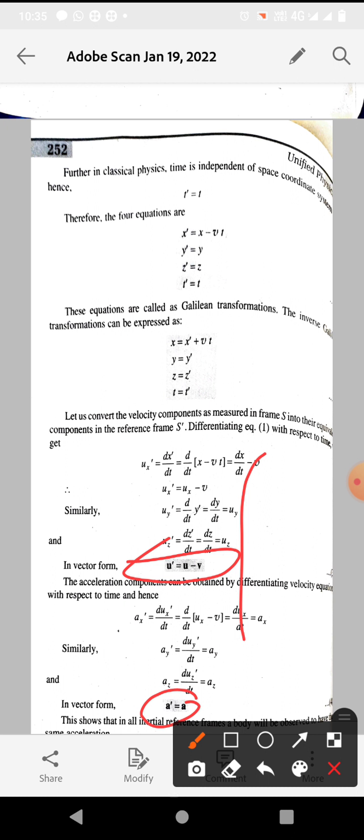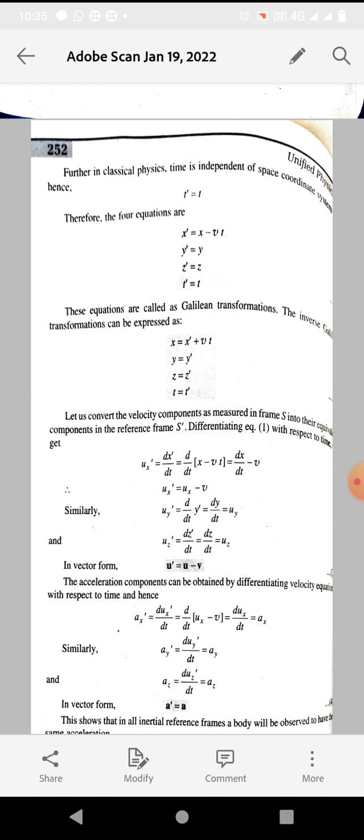We consider two reference frames, one is constant and another is moving with some constant velocity relative to the first one. The position coordinates will change, so we convert x into x dash terms. These are the Galilean transformation equations, and they are most important.